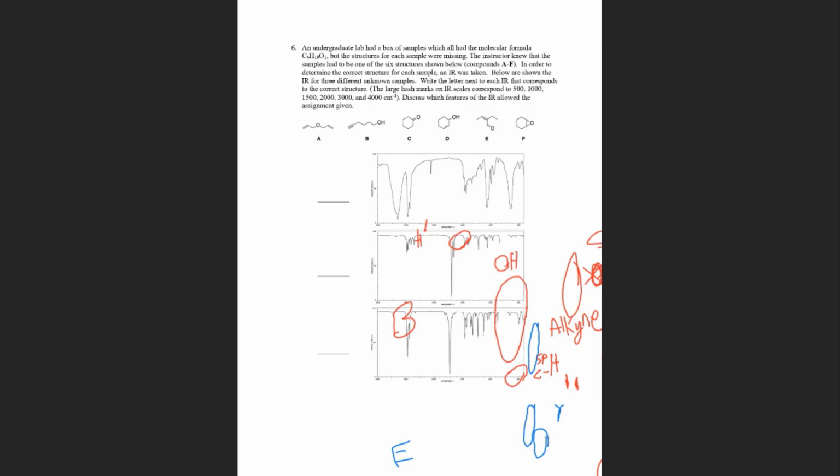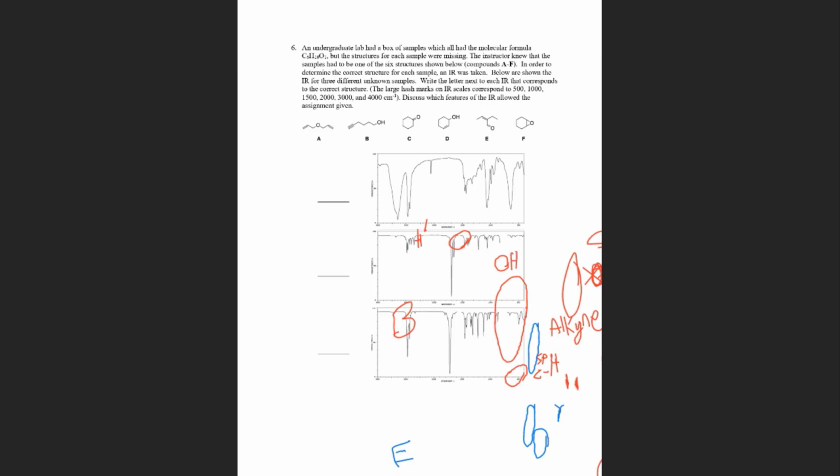So good job. Like I said, these can be given to you on an exam. There's one other example on another page of this packet that has multiple spectrums and you're matching.